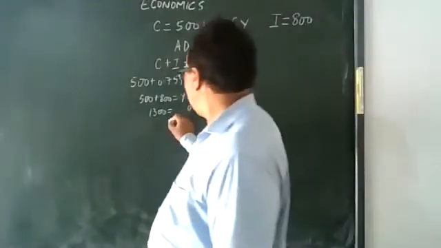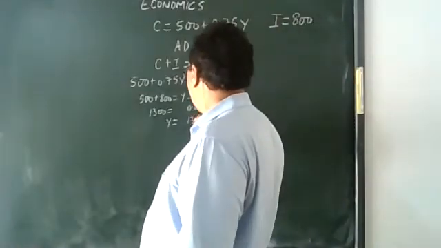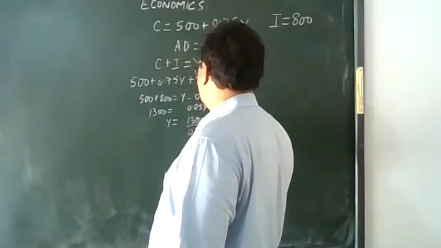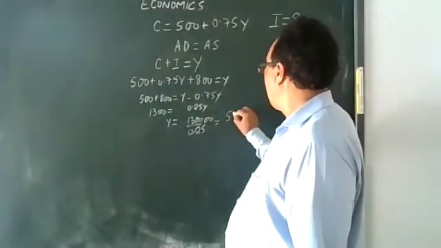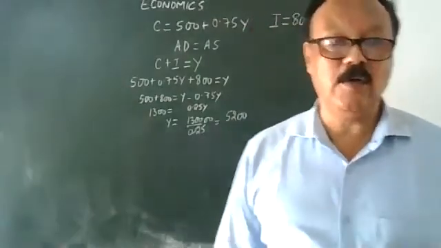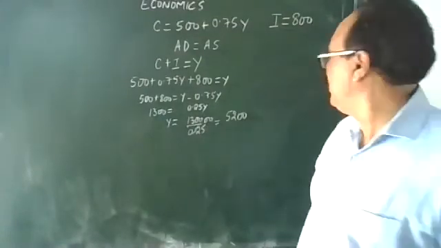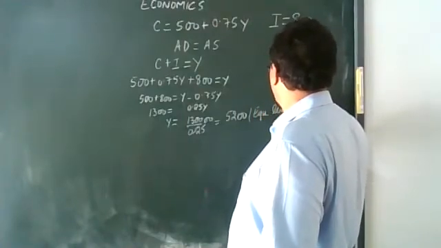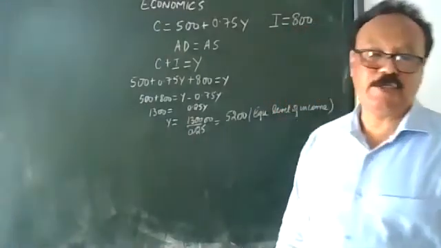So Y value is equal to how much? 1300 upon 0.25. This will give you 5200. So Y in this case is equal to 5200. This is the equilibrium level of income. That is the first question.